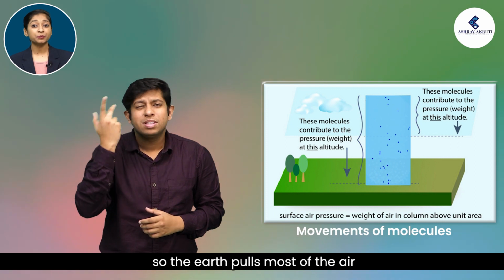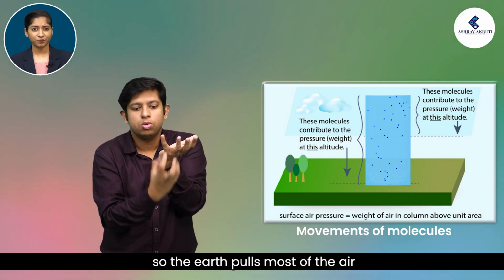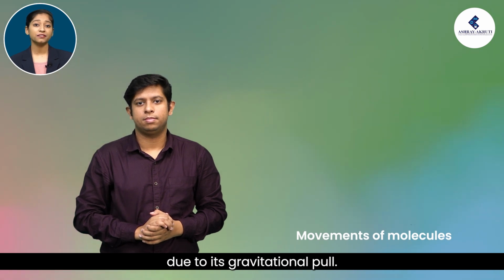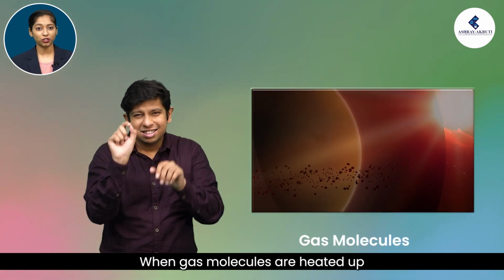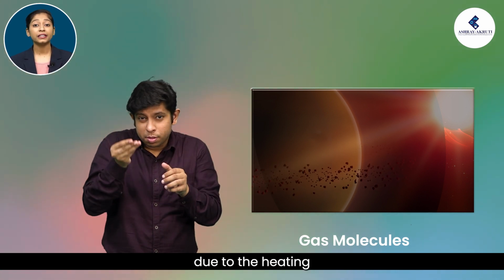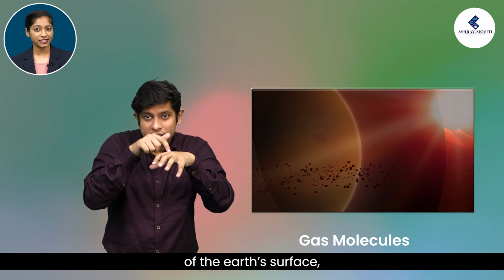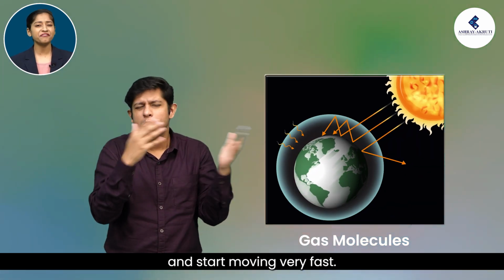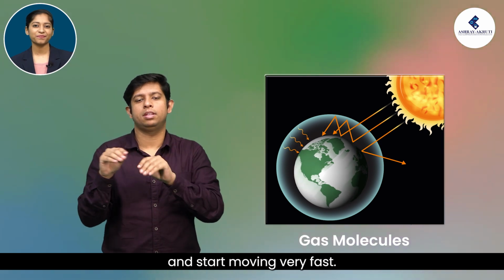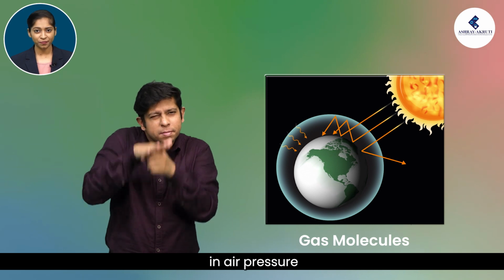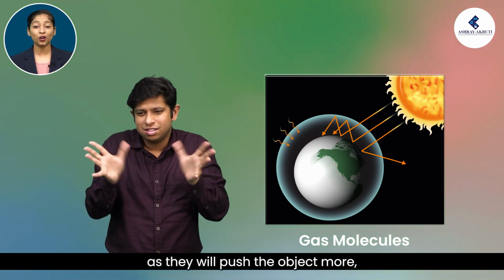So, the earth pulls most of the air molecules to its surface due to its gravitational pull. When gas molecules are heated up due to the heating of the earth's surface, they get a lot of energy and start moving very fast. This means an increase in air pressure as they will push the object more.